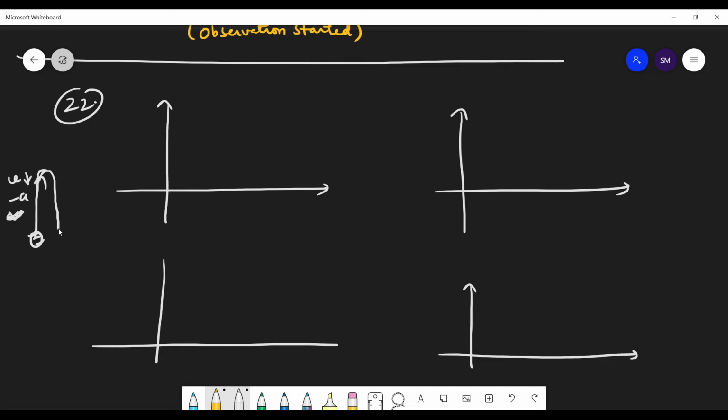And when the ball will come down, velocity is increasing and acceleration will be positive, right?